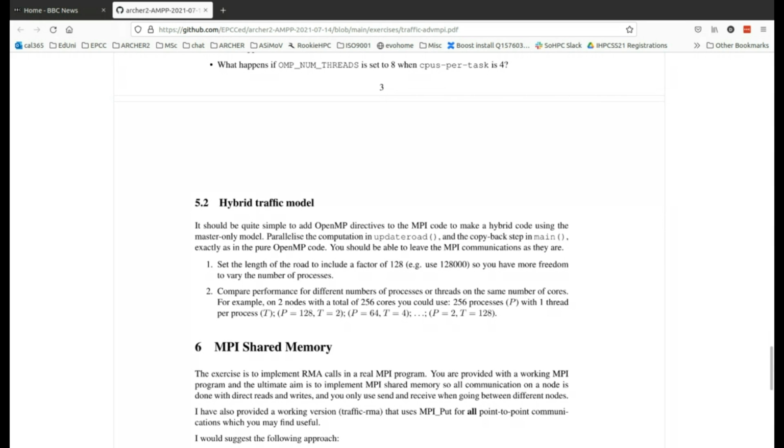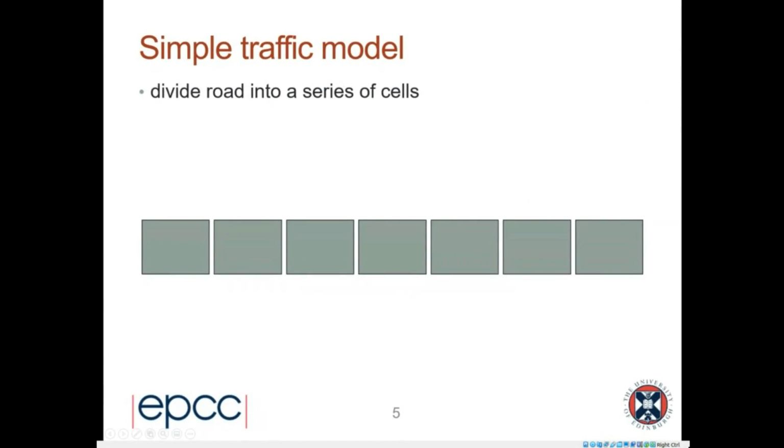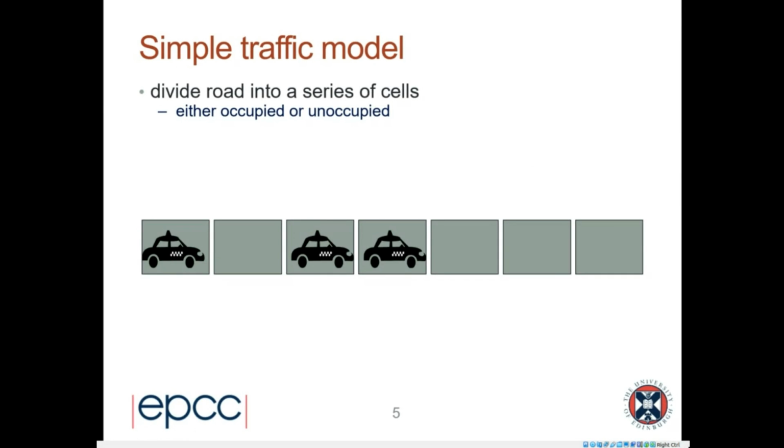What the traffic model does is a very, very simple exercise. It's a cellular automaton model, and we have a road which has a number of cells, I think set to a few thousand, and the cells are either occupied or unoccupied.